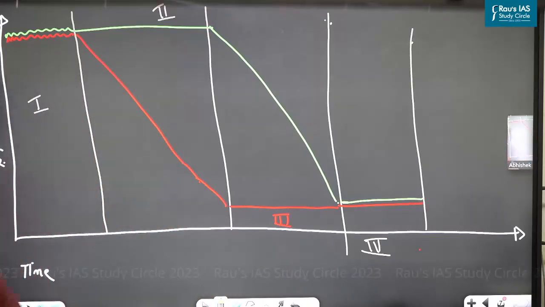So this is the original demographic transition model. Original. Later on, stage 5 and stage 6 have been added. We'll see what is this stage 5 and stage 6.